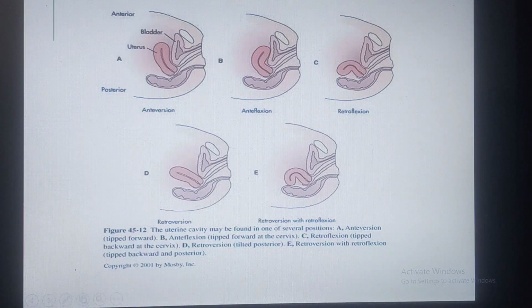Because the support ligaments of the uterus will be stressed, leading to that kind of pain during sexual intercourse. Of course, that won't help the female. So that is with the positions of the uterus.